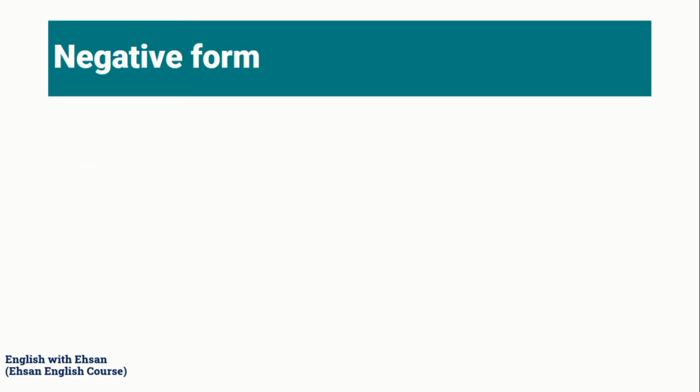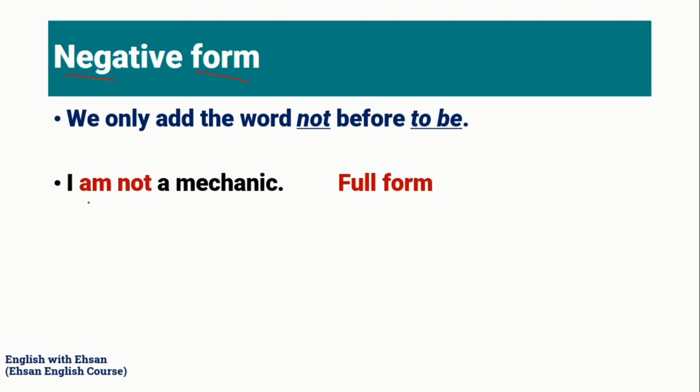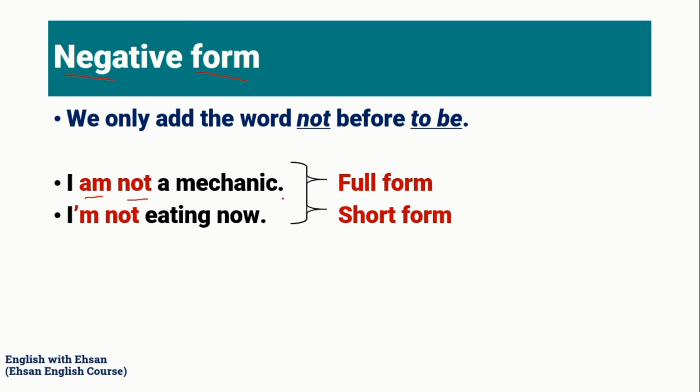Negative form. Right now we are making sentences, and we have examples for negative sentences. We only add the word "not" before the to be verb. Like here we have, I'm not a mechanic, full form. And here we have the short form, I'm not eating now.